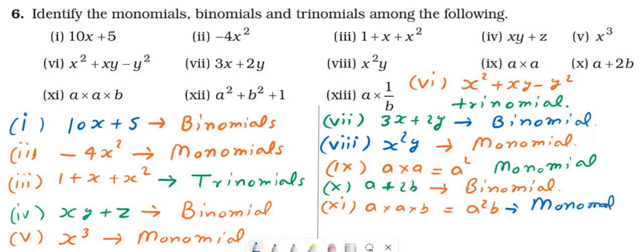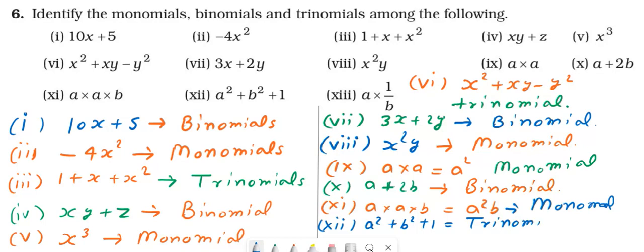Now beta, the 12th part. The 12th part is given as a square plus b square plus 1. Beta, it contains three terms, so it is called a trinomial.